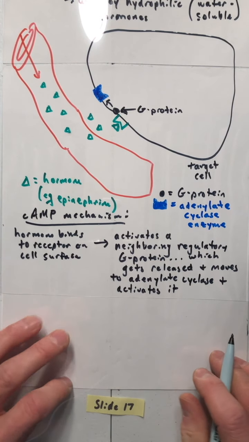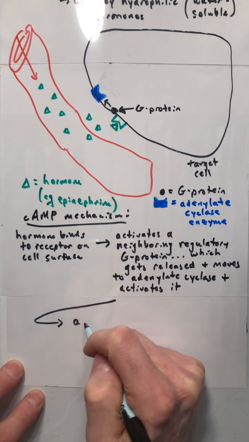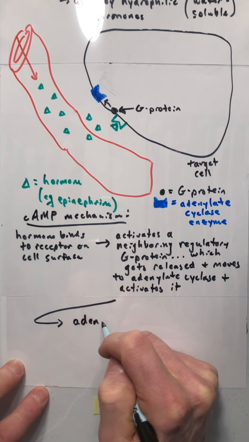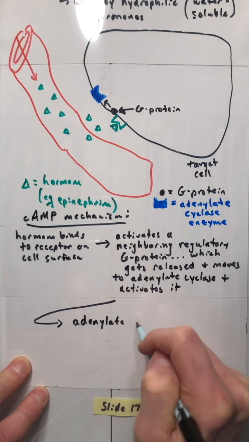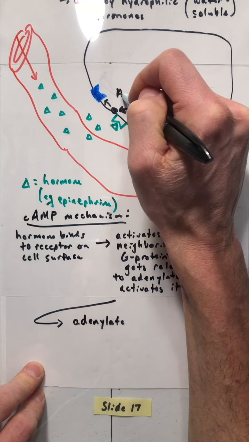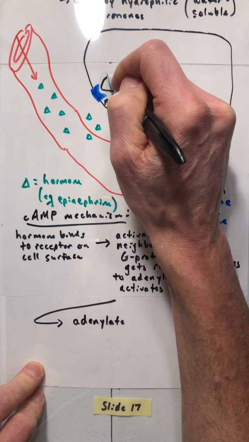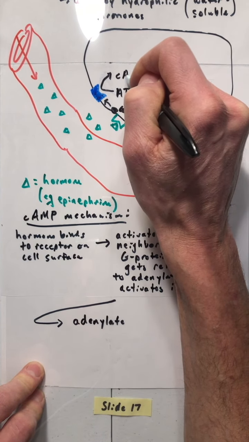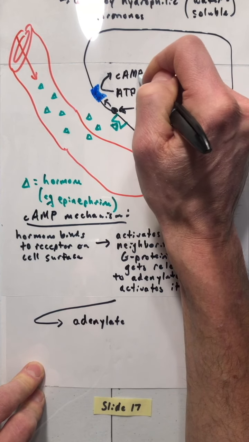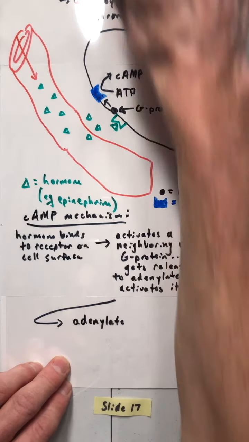Okay, so then the question is, well, what does adenylate cyclase do? Well, adenylate cyclase enzyme actually converts ATP, our old friend ATP, into something called cyclic AMP. And that cyclic AMP is the second messenger that will have subsequent effects in this cell.